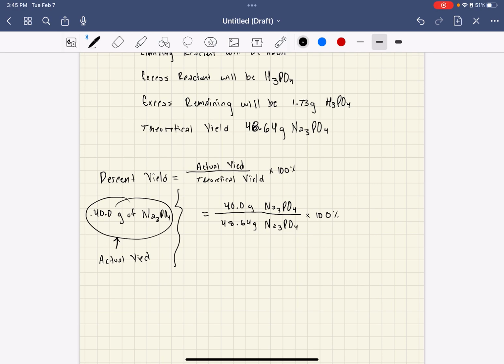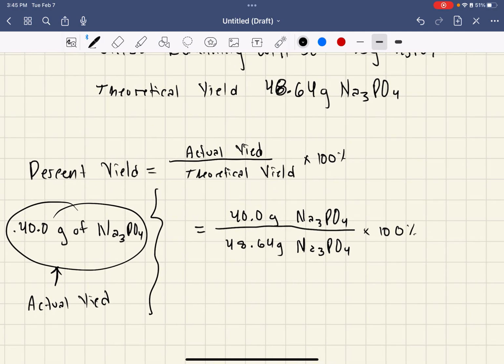Respecting the sig figs, the smallest amount of sig figs that we have here is 3, so we only need 3 sig figs, which will leave us with 82.2%. And this right here will be your answer for percent yield.